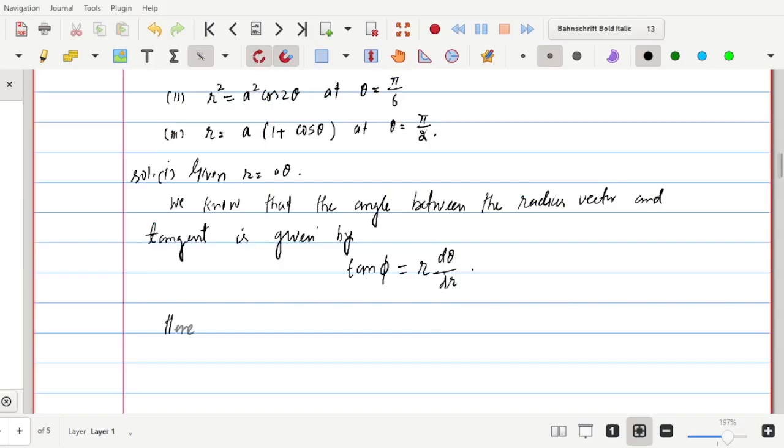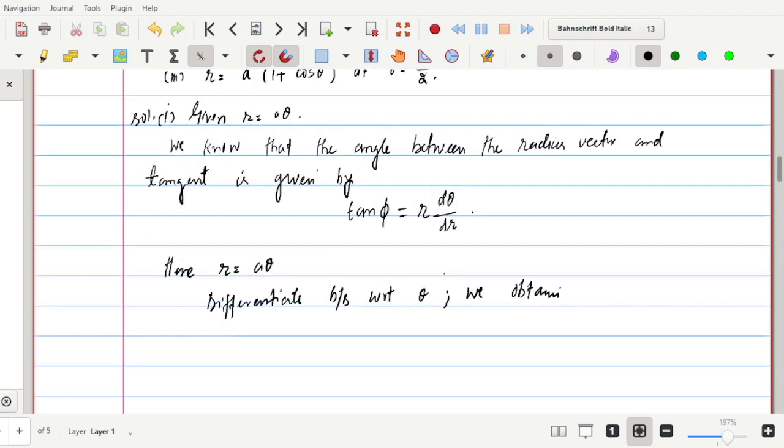Now here r is equal to a theta. We differentiate both sides with respect to theta, and we get dr by d theta is equal to a.